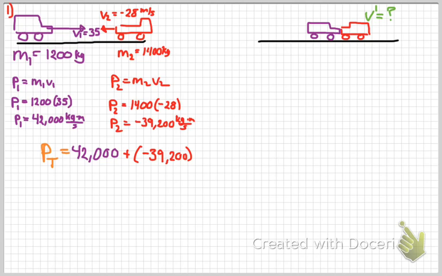So now that you have the momentum of each individual object, just add them up to figure out the total. Remember that the second one has a negative momentum. So when you add those two together, you get 2,800 kilogram meter per second.